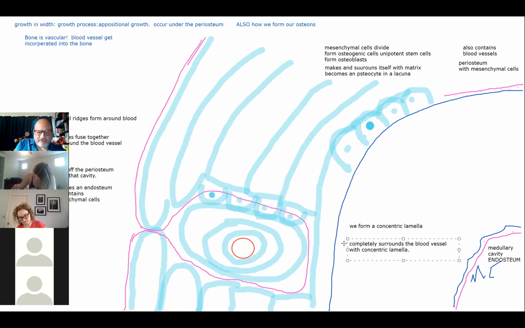And then what we have is we have formed an osteon with a central canal containing a blood vessel at the center.